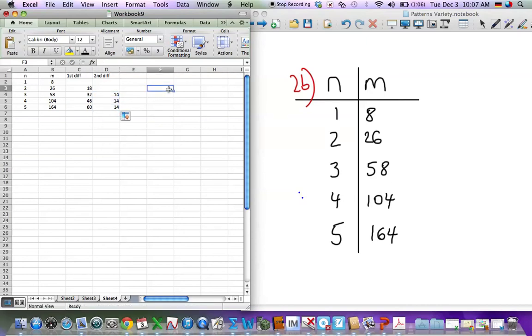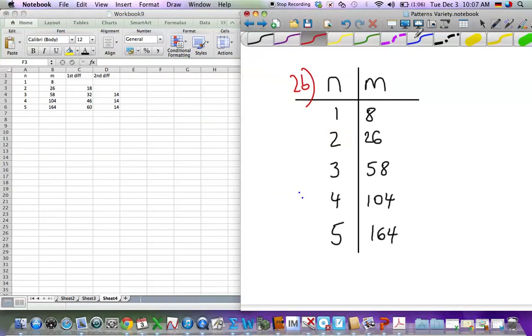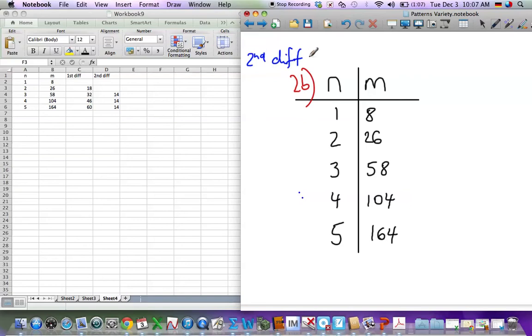Okay, so once again, the fact that the second differences are constant means that it's a quadratic. The fact that the second difference is 14 means that my formula involves 7n squared. So m equals 7n squared, but I don't know the n term and I don't know c either.